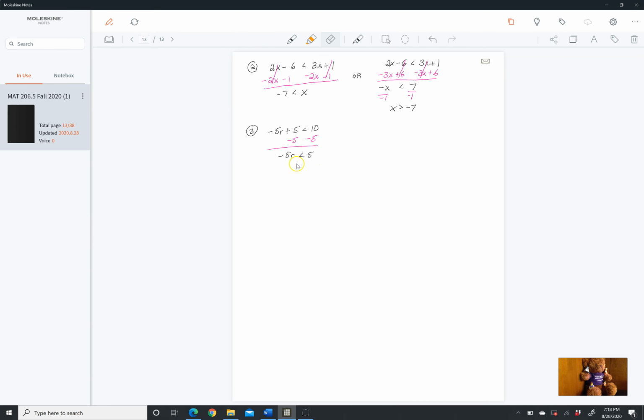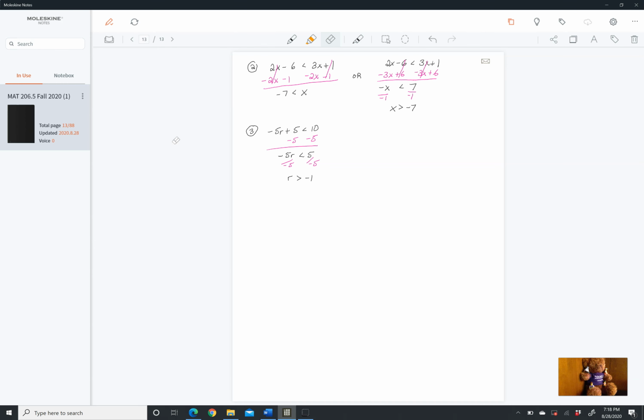Okay, and again, it's negative, so instead of adding it to both sides to get it over to the other side and make it positive, we just divide both sides by -5. And remember, when we divide by a negative number, the inequality sign flips, so it becomes r is greater than, and 5 over -5 is -1.